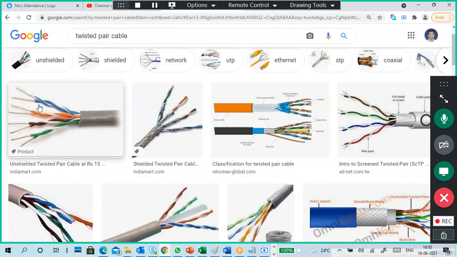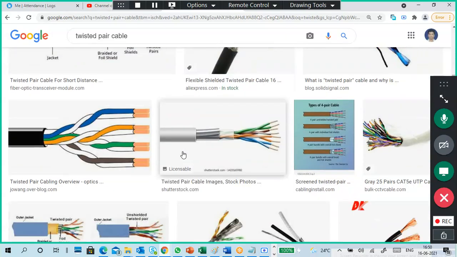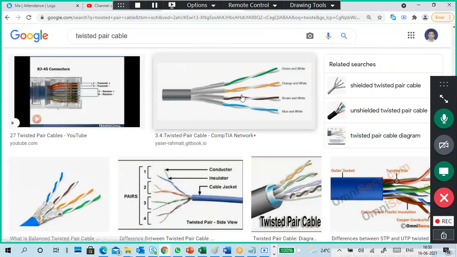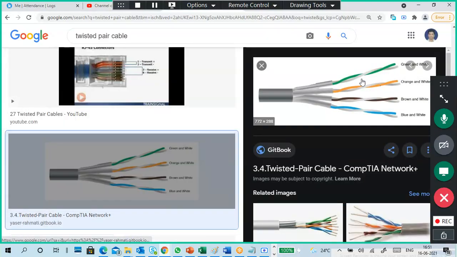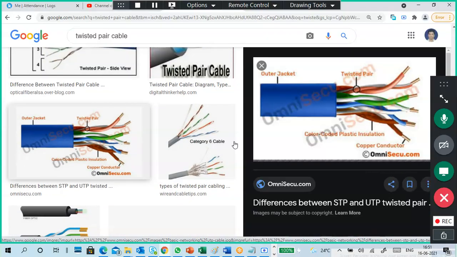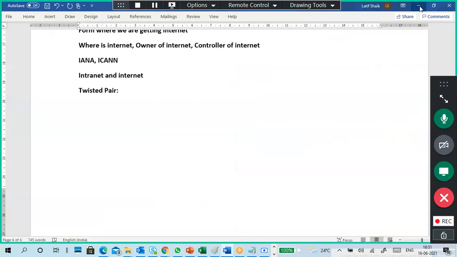Each cable is shielded with plastic, and there is a total plastic coverage over it, with copper wires internally. Any normal cable is like this; you can see internally there is copper wire inside. Each one is color coded.